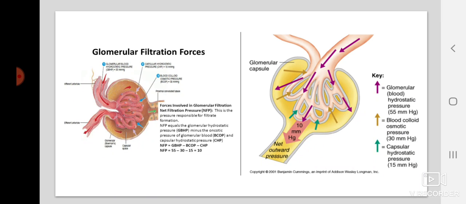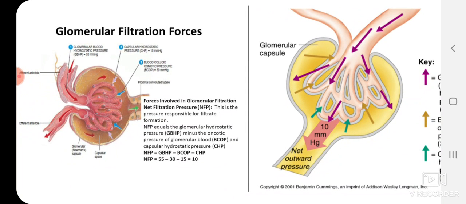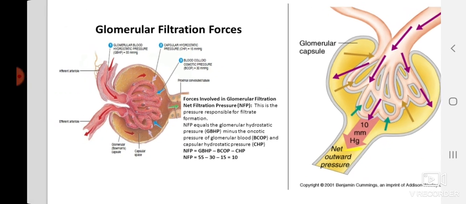This is the pressure produced by the proteins present in the blood plasma. Those proteins are albumin, globulin, and fibrinogen. See, this is a clear diagram, and this is the net output pressure that enters the PCT.